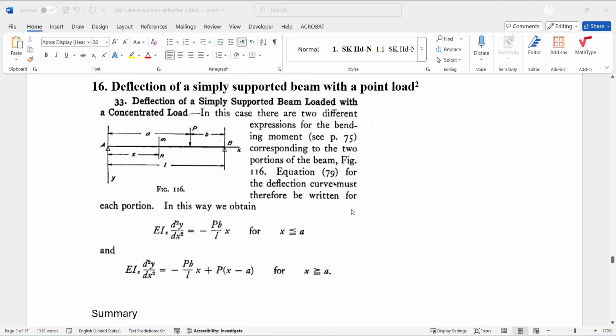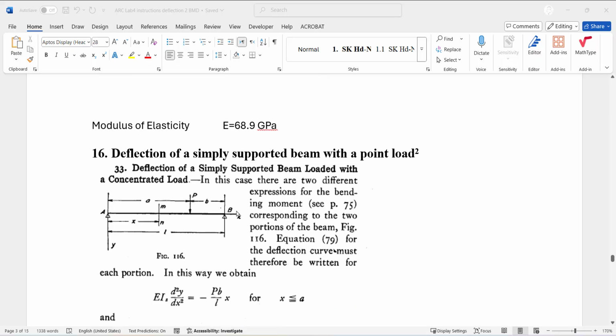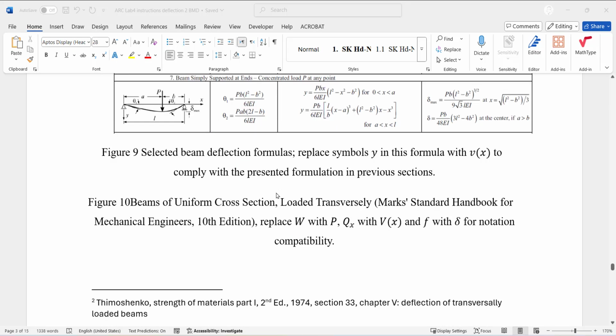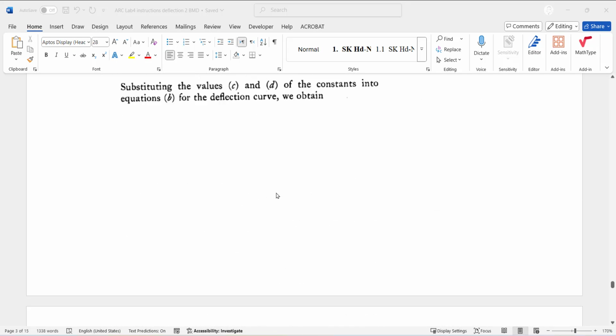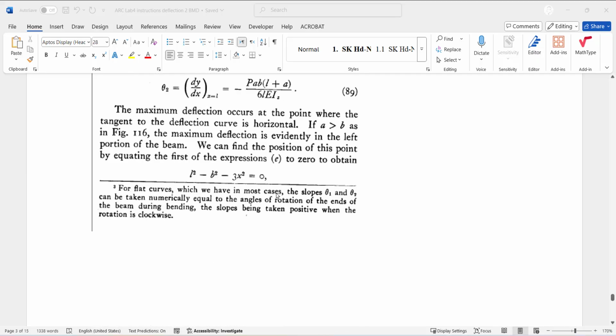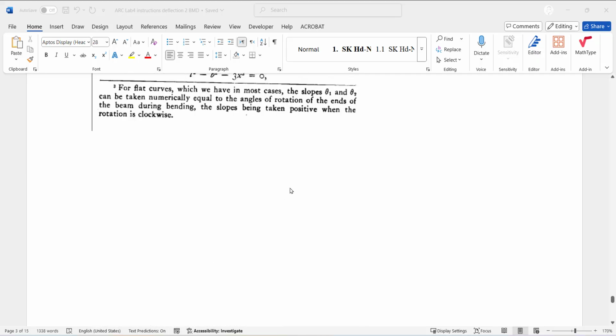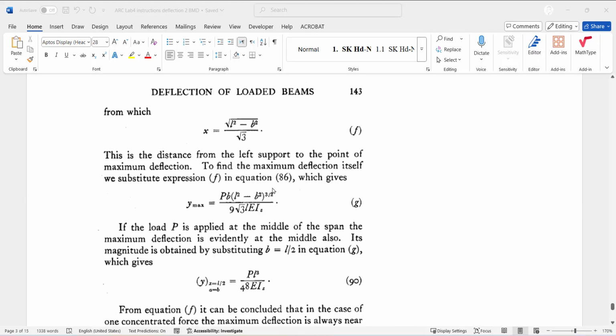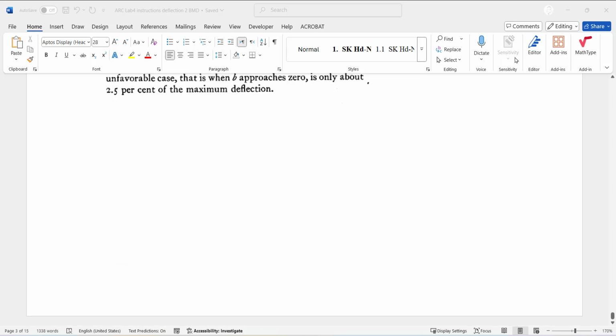And if you want to have further detail on where these equations are coming from, at the end of this document you've been provided with some excerpts from Timoshenko, who was one of the first people to derive that relationship for a simply supported beam. The other document, this is just all for getting you familiarized with the experimental setup.